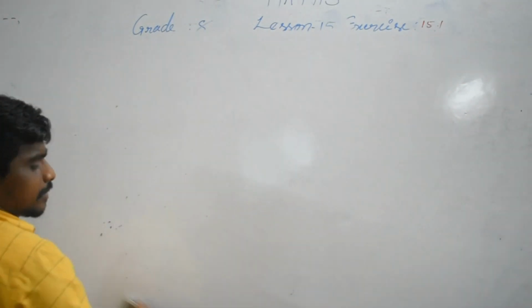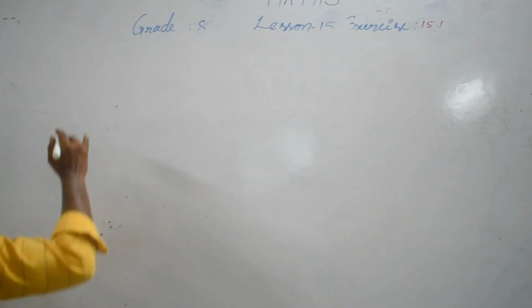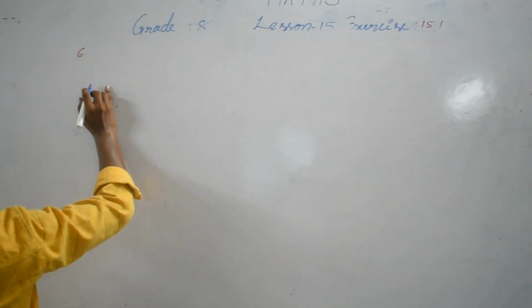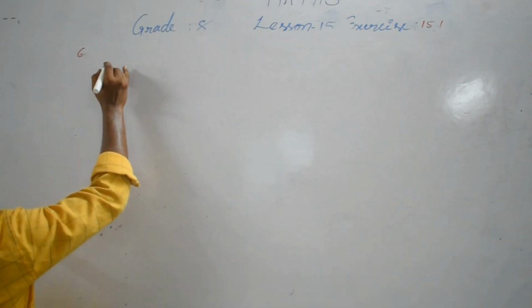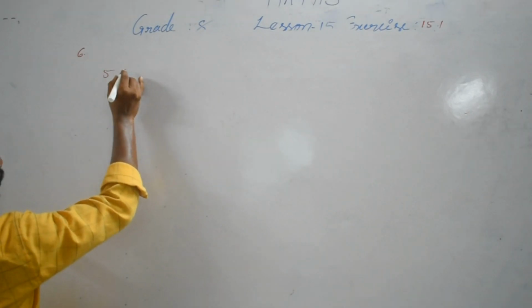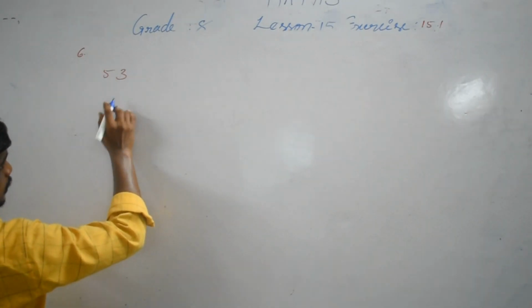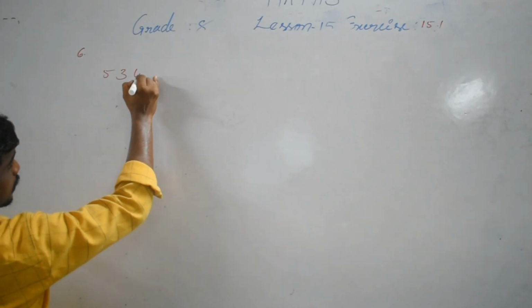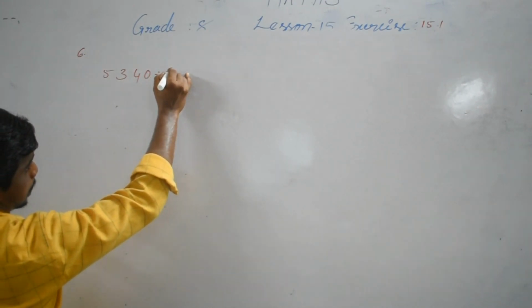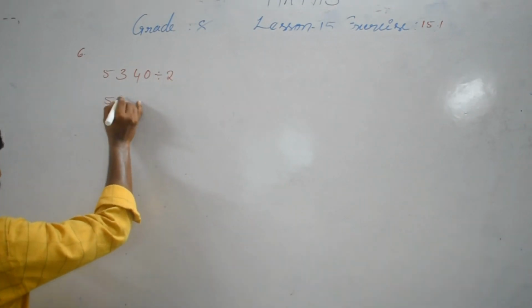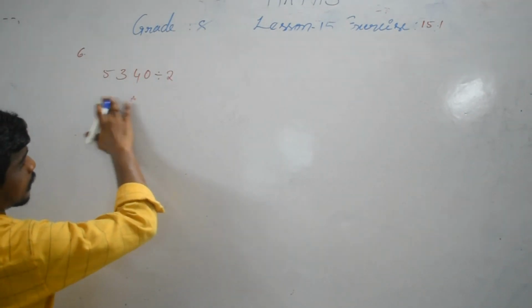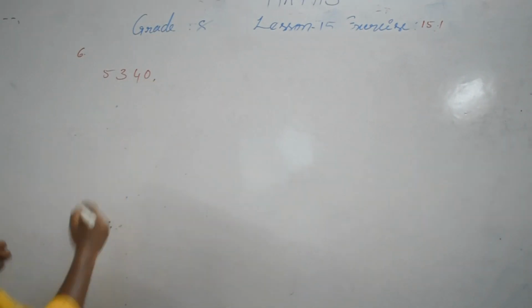Any 5 numbers of our wish, divisible by 2, 5 and 10. You take 5 numbers like 5340, 5300.